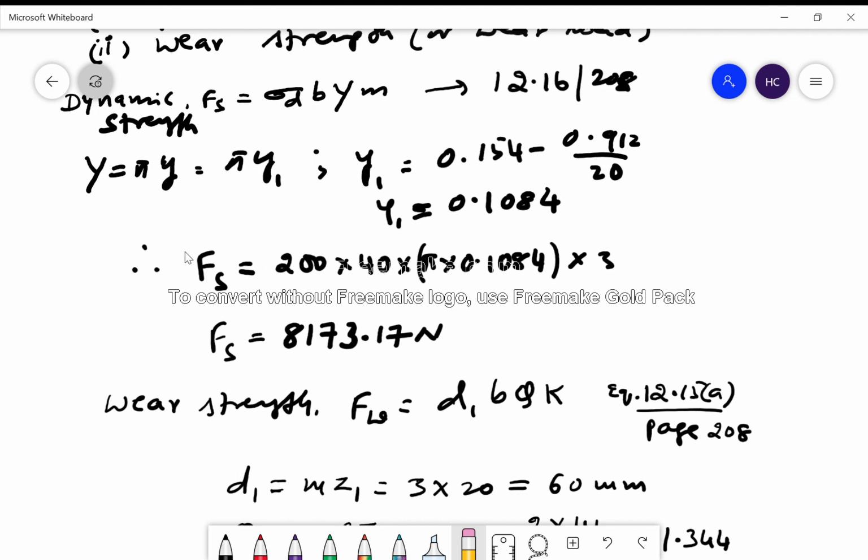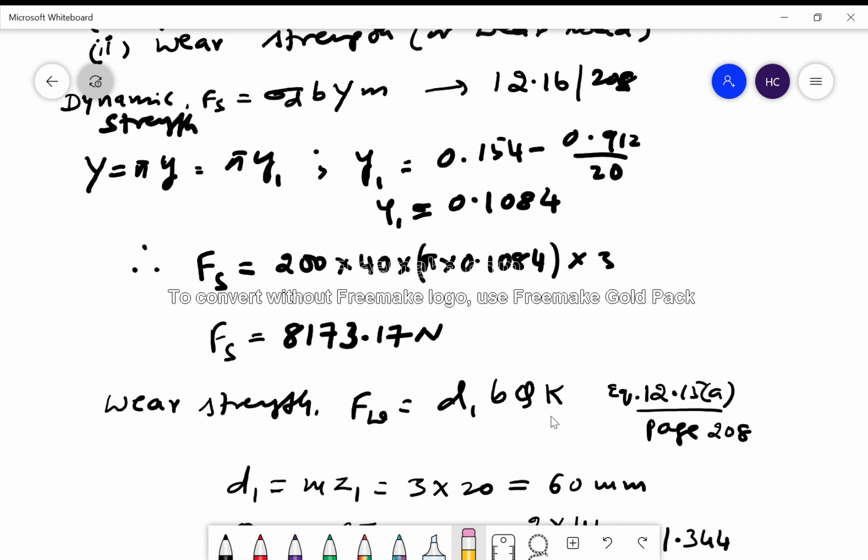Therefore, dynamic strength Fs is equal to 200, that is sigma d, into 40, face width, into pi into 0.1084 into module 3, which gives us Fs is equal to 8173.17 Newton.